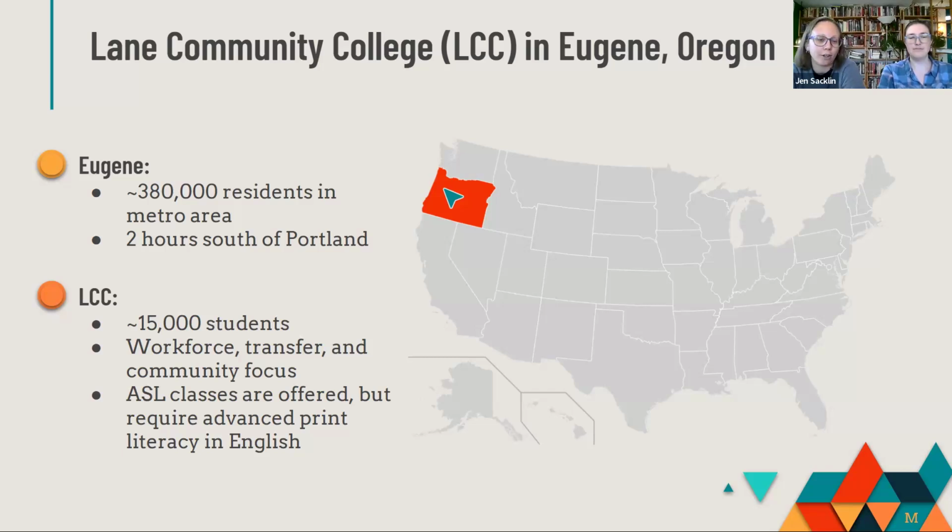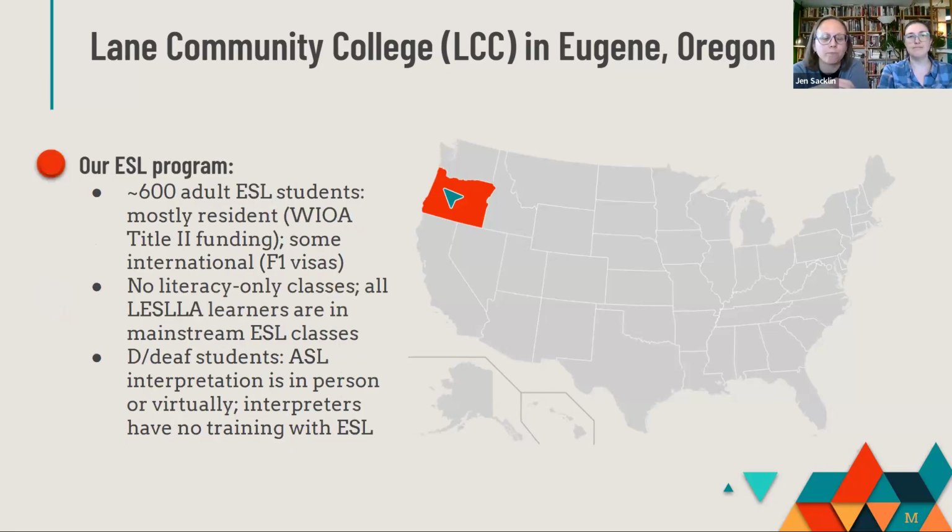We do have ASL classes at Lane Community College, but in order to access those ASL classes, you have to have fluency in print English. It is also kind of assumed that you are a speaker of English and you have a certain mastery of that language.